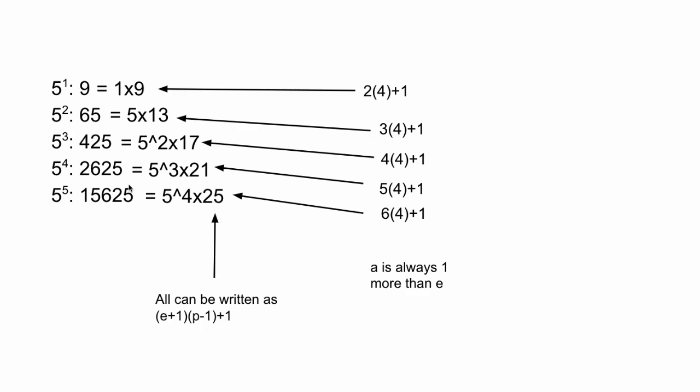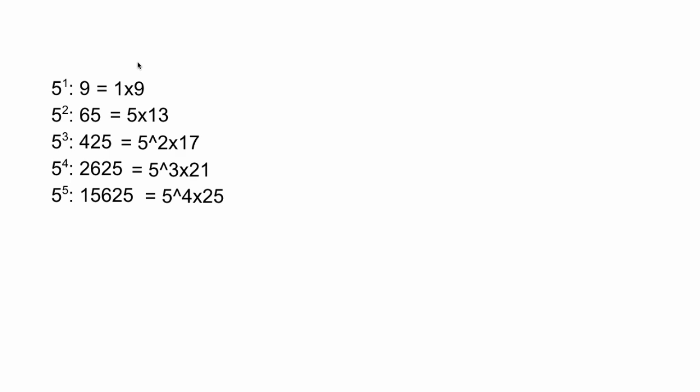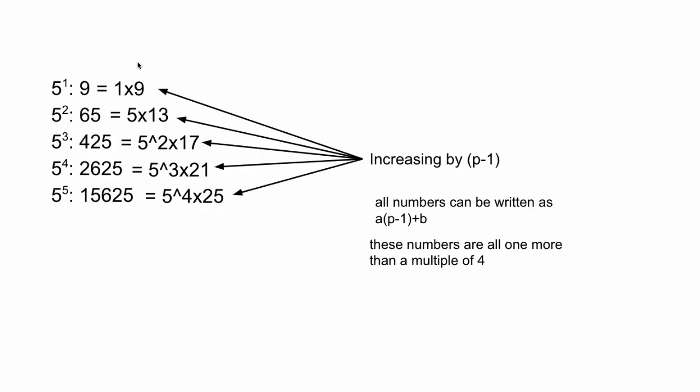Now, you'll remember from before that all these numbers are multiplied by p a certain number of times, right? Maybe I can do this. So here it's being multiplied by 5 0 times.